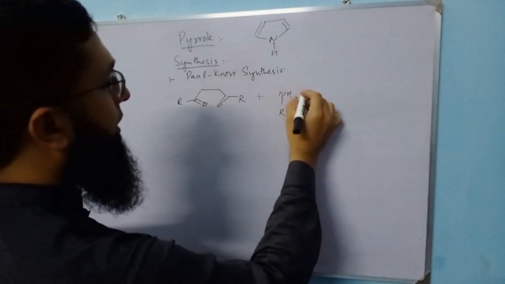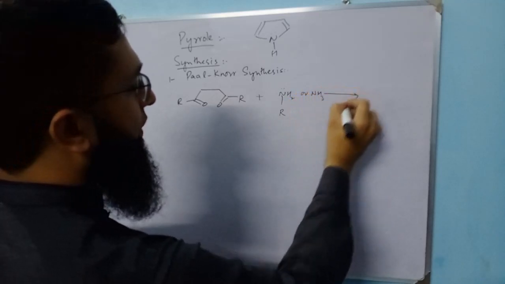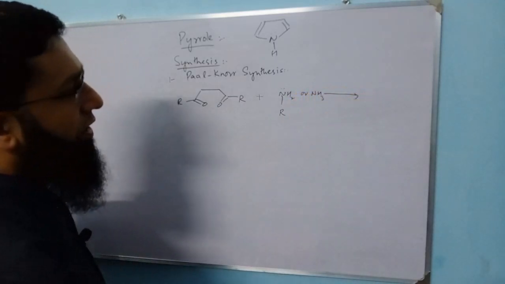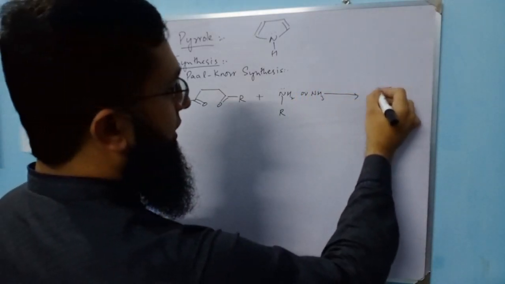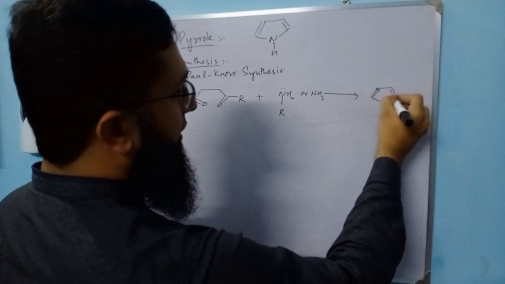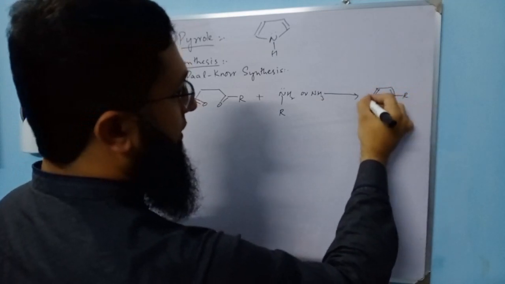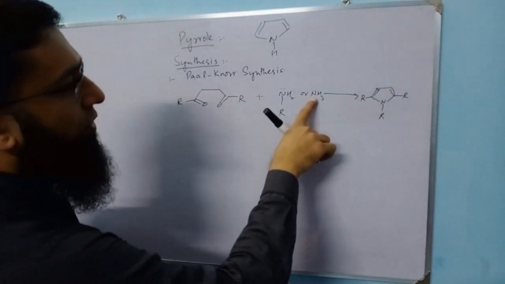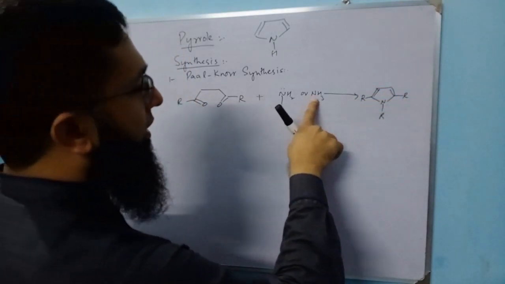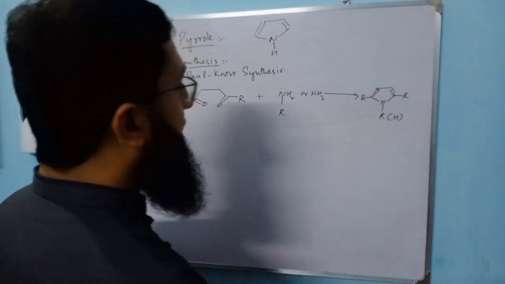It should be a primary amine, or we can also use ammonia. This reaction takes place in ethanol as solvent or acetic acid as acid catalyst. So as a result we get a pyrrole derivative. If we are using ammonia as the amine, then hydrogen will be placed here.